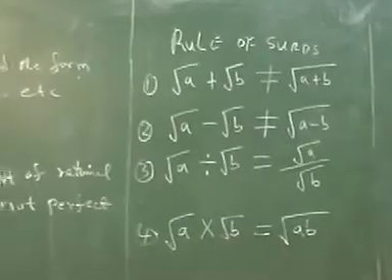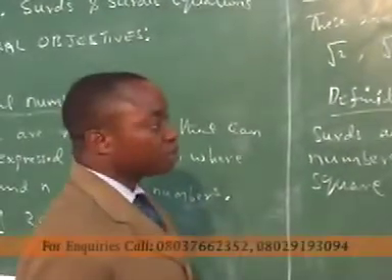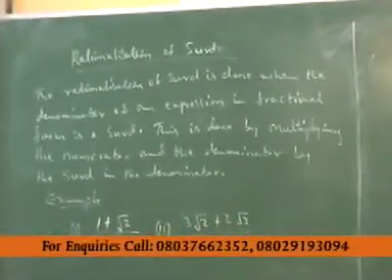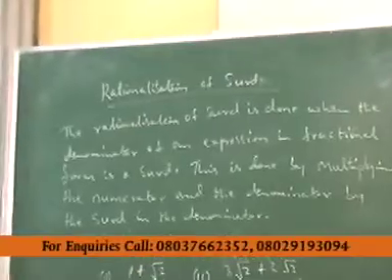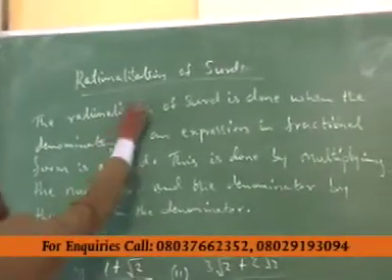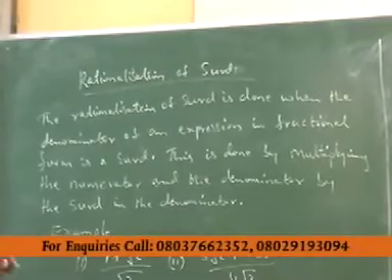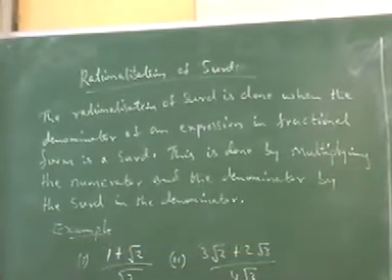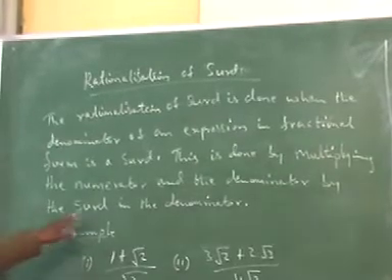Now, we are going to look at another subtopic. So we are looking at rationalization of surds. The rationalization of surd is done when the denominator of an expression in fractional form is a surd.